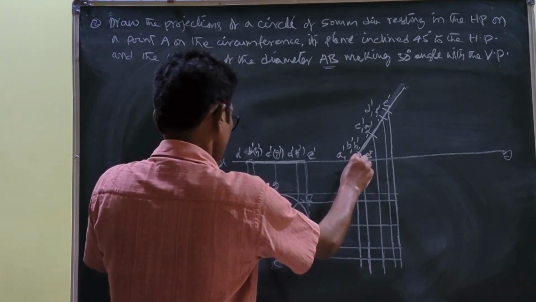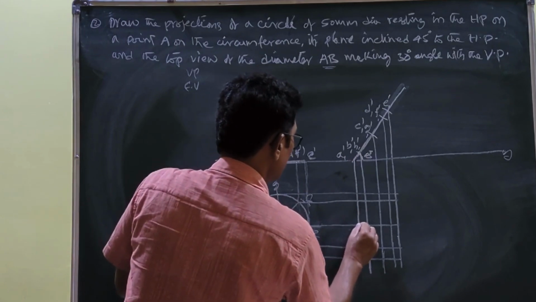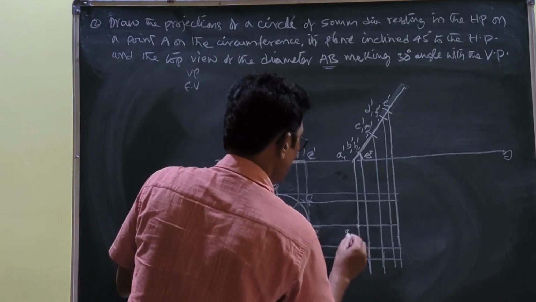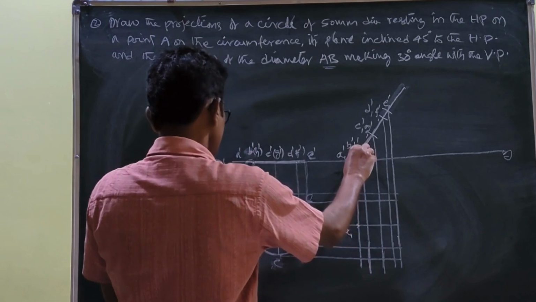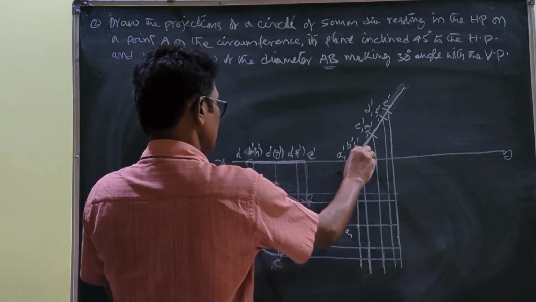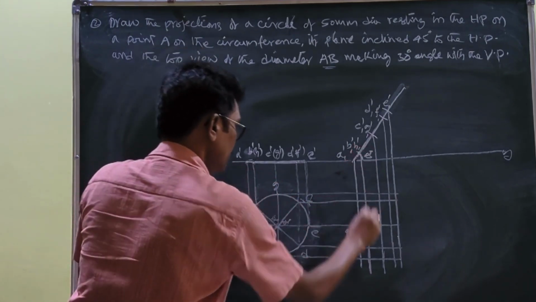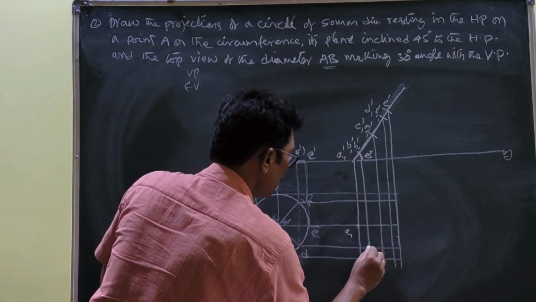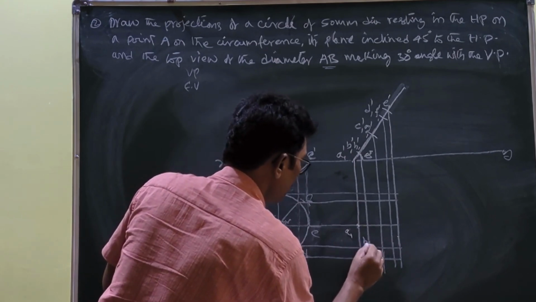A1 dash and A, this is the point, this is A1. B1 dash and B, they are passing to this one, this is B1.